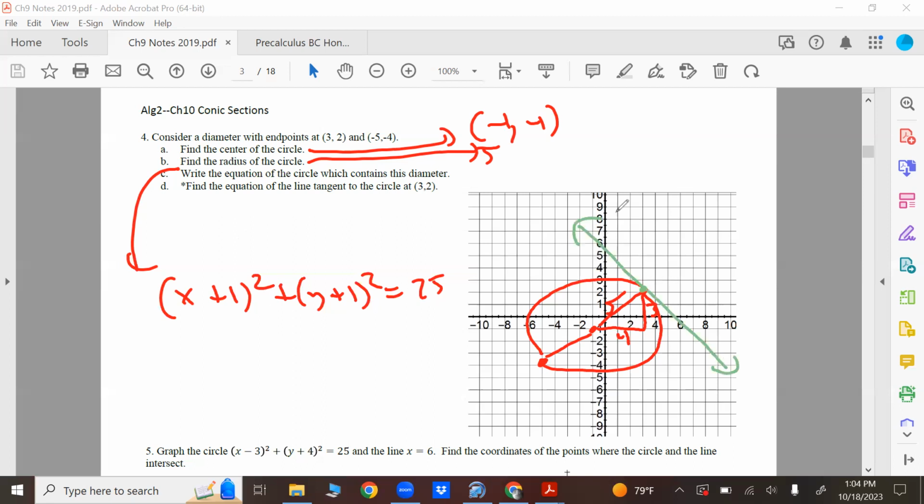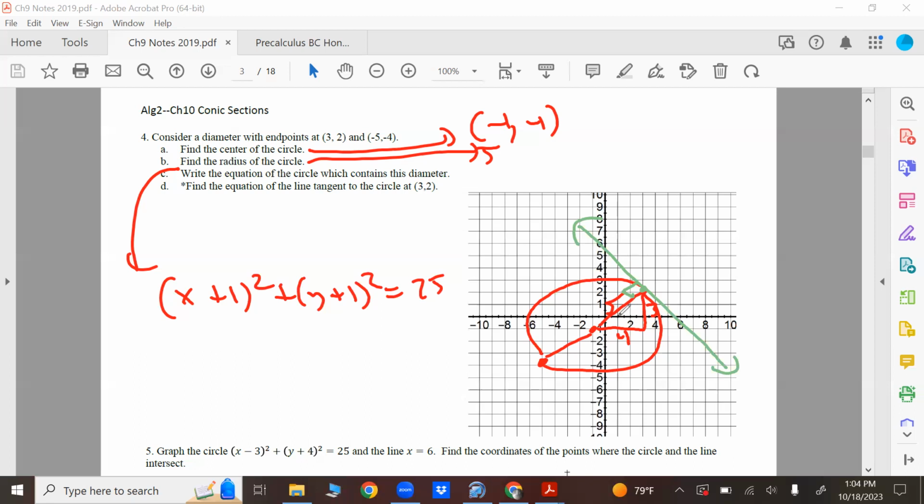Now, when you're tangent, what's true between the radius and the tangent line? This is good review of geo. What's true between the radius and the tangent line? Oh, it's true. See, that's not your challenge. You're good. So perpendicular, right? So find the equation. Now, what's true about the slopes between perpendicular lines?